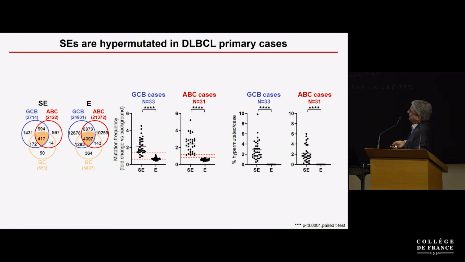Of course, it doesn't have to do with size, but less in enhancers, and there is no apparent difference at this stage, confirmed on a larger panel, between the two subtypes of GCB and ABC, although the identity of the enhancers that are mutated is different.